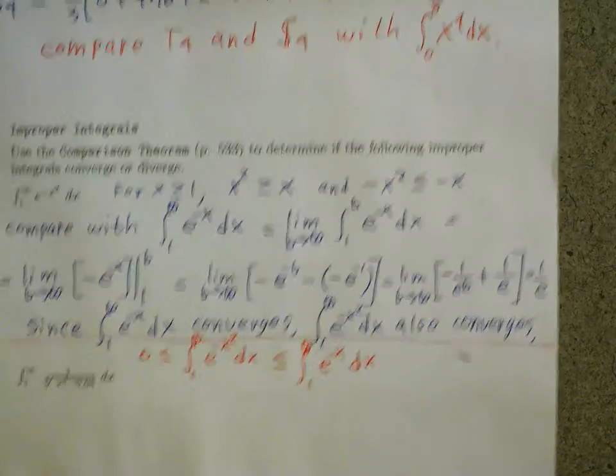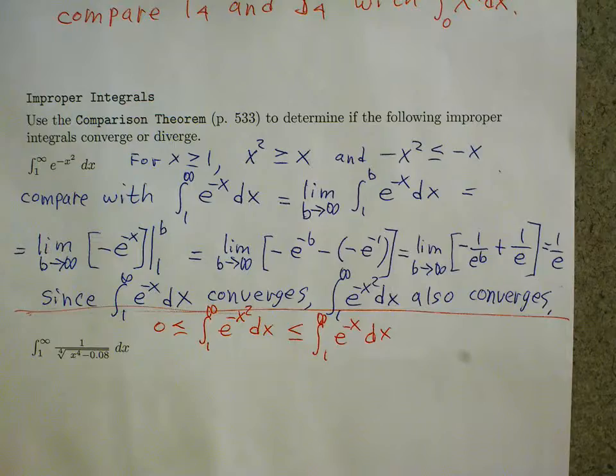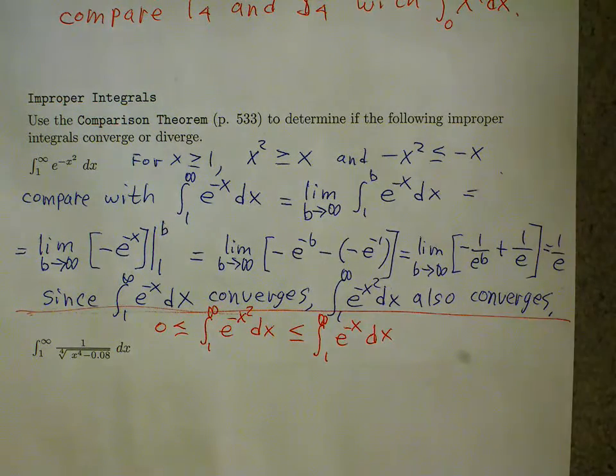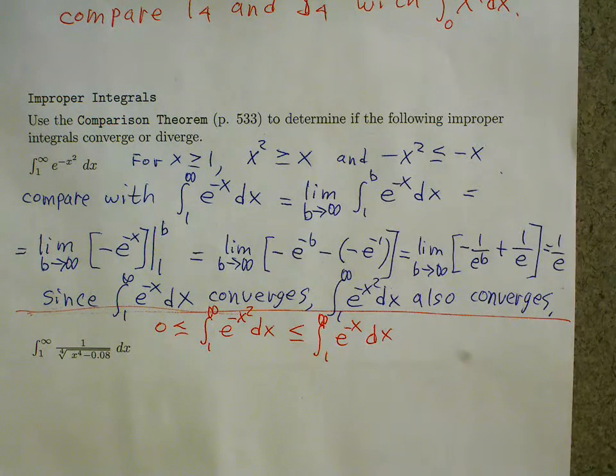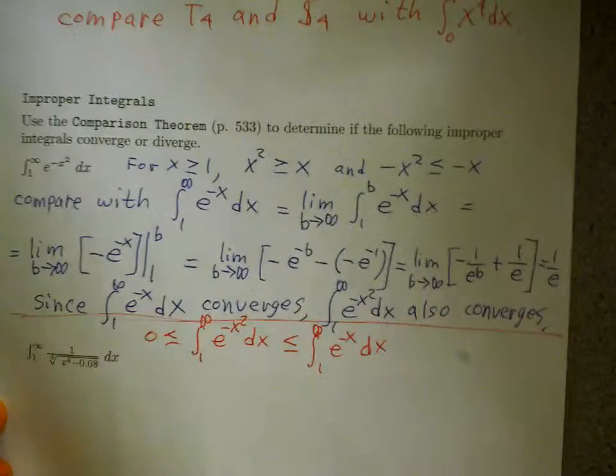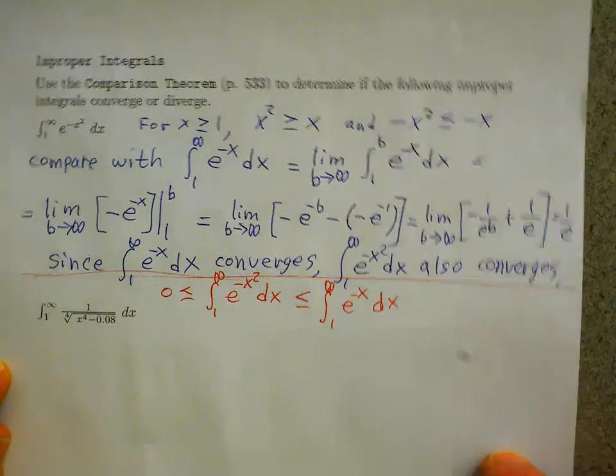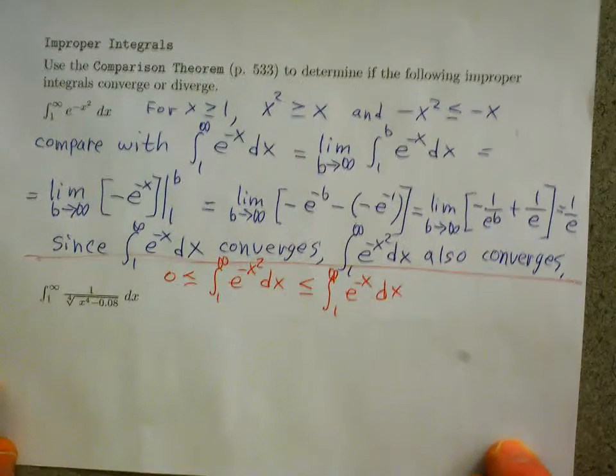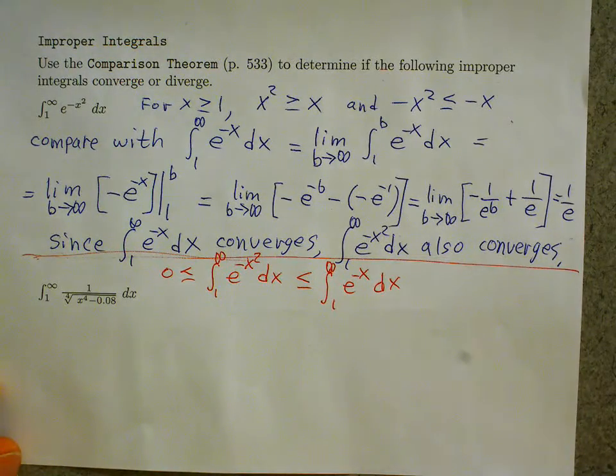Okay, the next one, another improper integral. This one is 1 over the 4th root of x to the 4th minus 0.08 from 1 to infinity. So use the comparison theorem again.